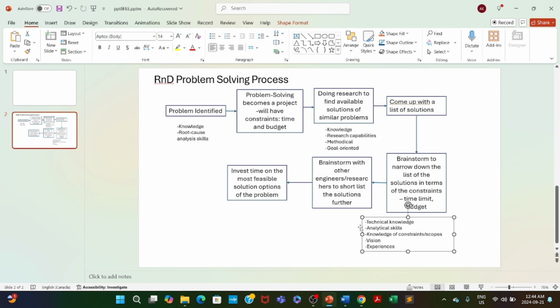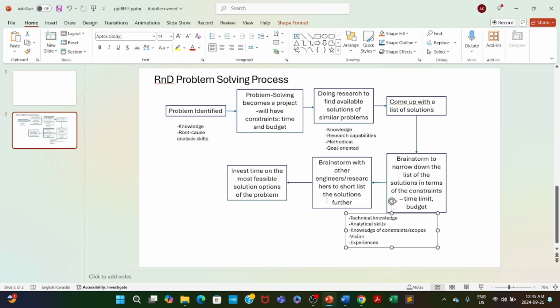Even though we do it in a two-step process, where we brainstorm to come up with options and then we get feedback from others, these two steps are really similar, and these fundamental requirements belong to both of them.